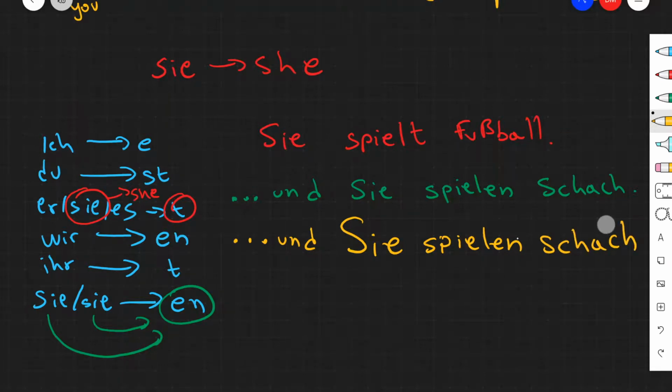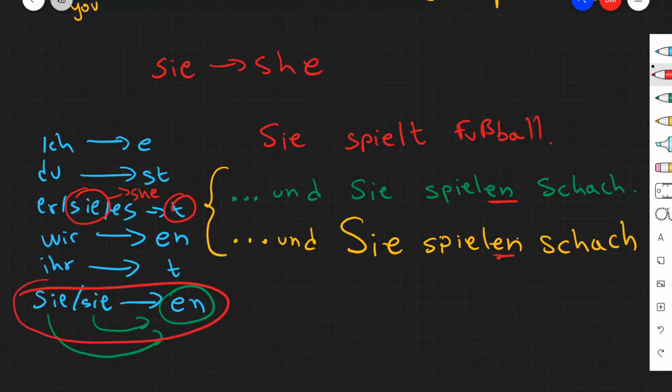Now, let's get to analyzing it. It's the very same exact sentence. How do we tell them apart? We look at the ending of the verb. The ending of the verb is EN. It indicates that this is the group of pronouns that we are conjugating with. So which is it? Is it the you Sie or the they sie? We always look at the S letter.